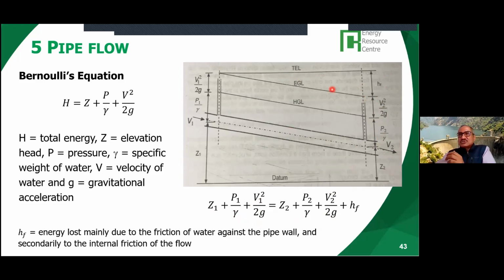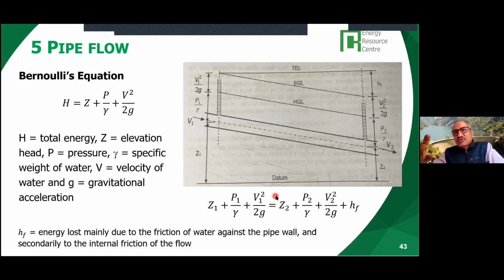So what has happened is part of the energy has been lost due to friction, converted into friction, and it could be heat and other factors. So this is the basic principle of a pipe flow.